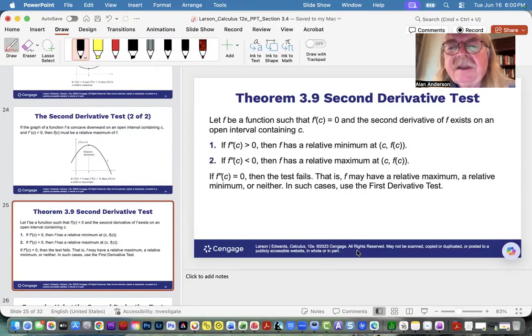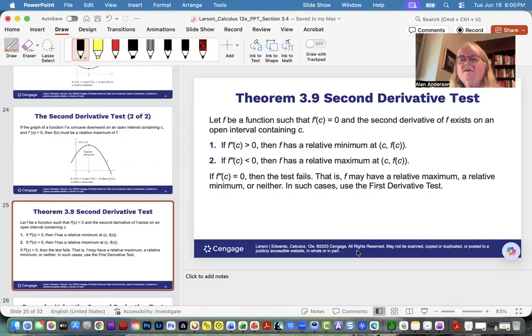All right, so assuming that the first derivative is zero, and the second derivative exists, of course, in some given open interval, then a positive second derivative means that this must be a relative minimum. A negative second derivative means it must be a relative maximum.